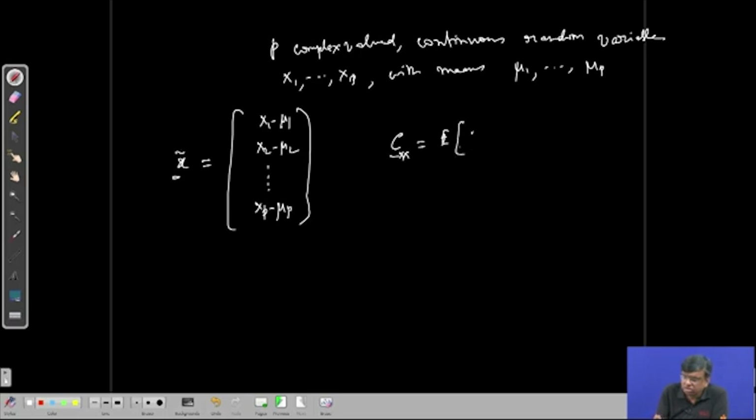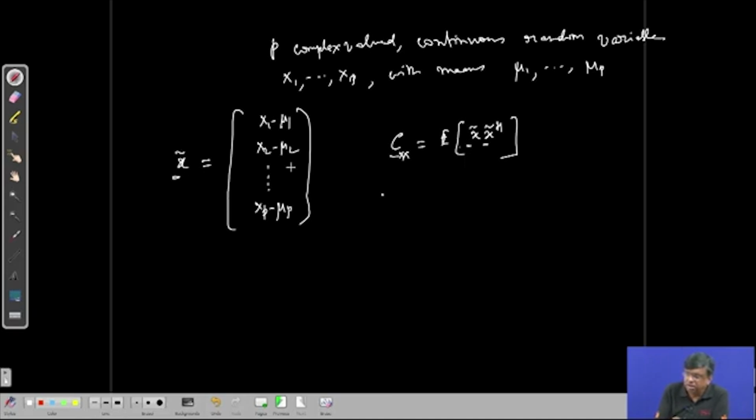Suppose I take x tilde, all right. So the typical i comma jth element: x tilde is this column vector, x tilde Hermitian. H means Hermitian transposition. So you take the transposition, which means the column vector becomes a row vector.